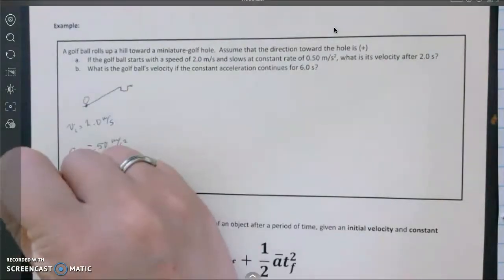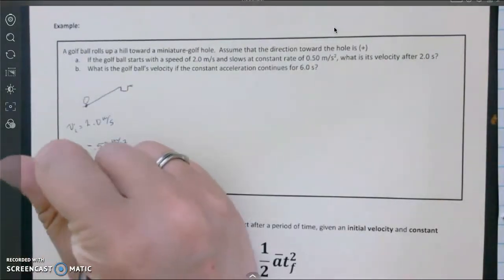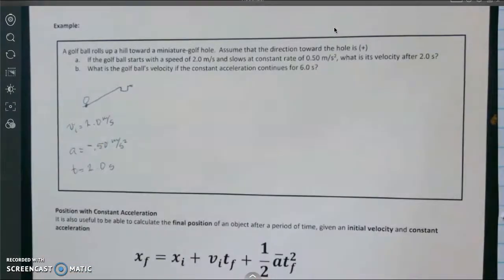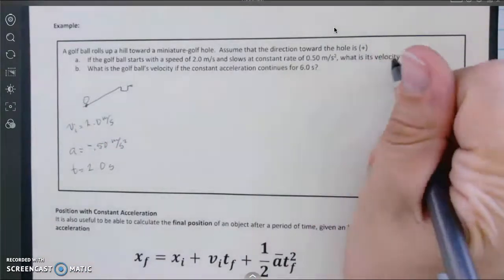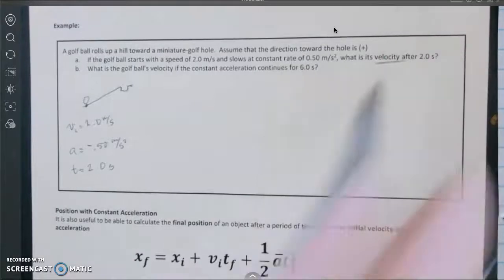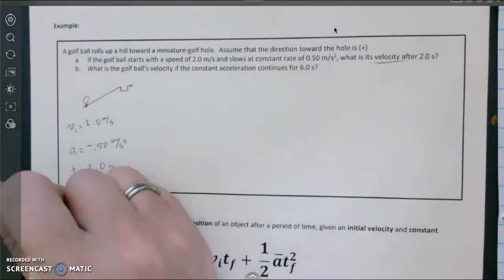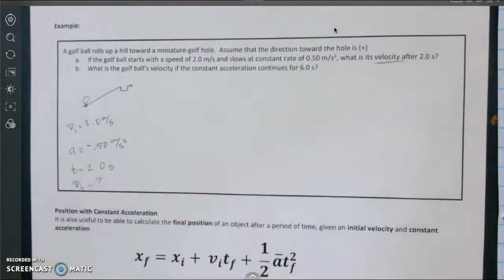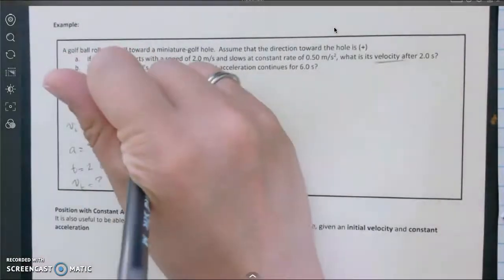What is the velocity after 2 seconds? And so time is going to equal 2 seconds. And what we want to know is the velocity after that time has occurred, so velocity final. And we just rearranged this great equation.